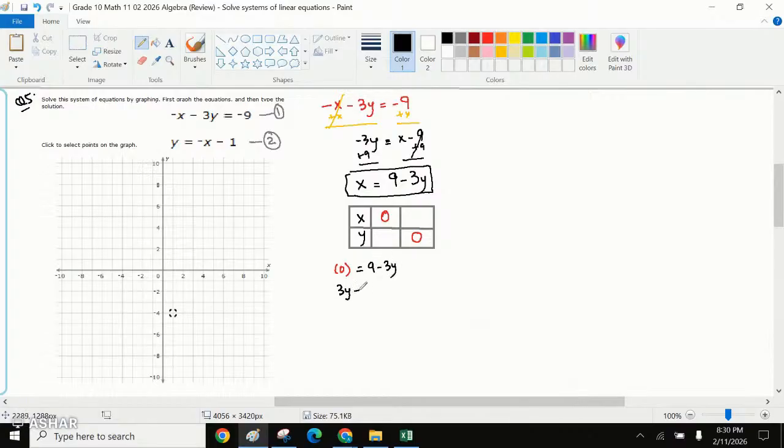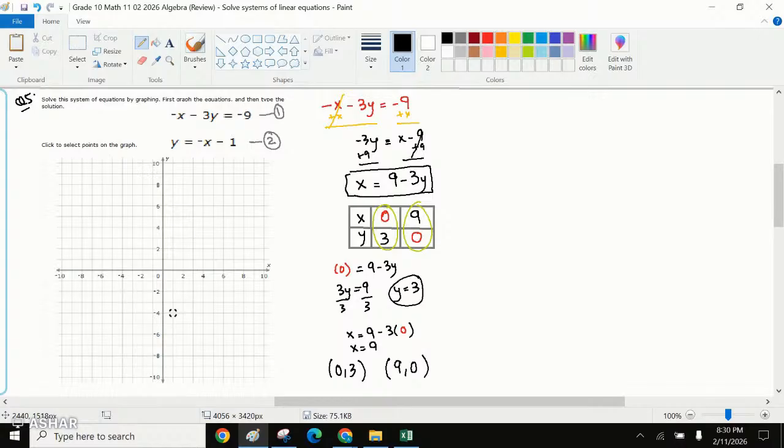We divide by 3, and y comes out to be 3. When we put y to be 0, then x would come out to be 9. So we have these two coordinates, 0, 3 and 9, 0. Agreed?